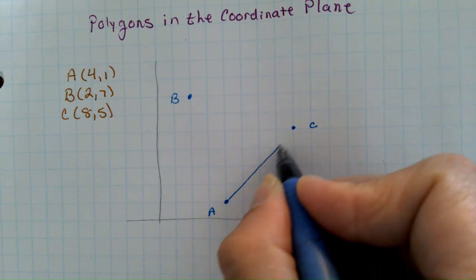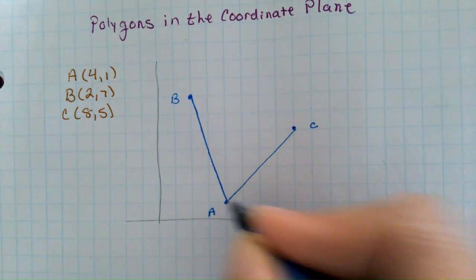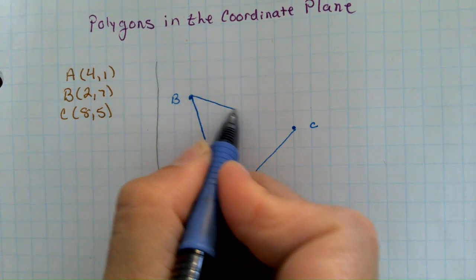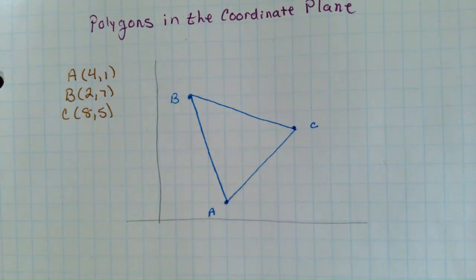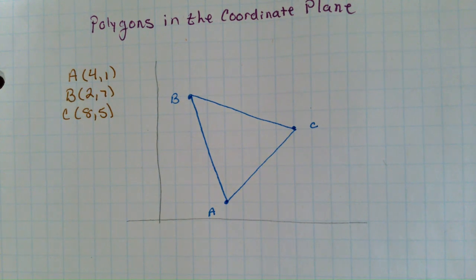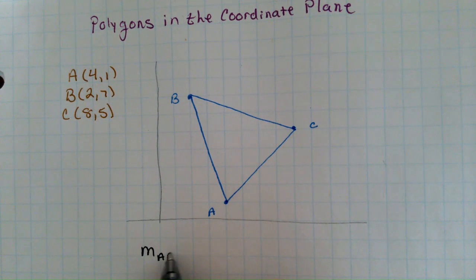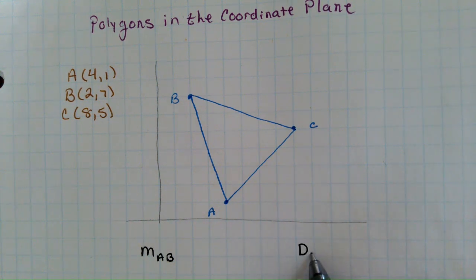Now, I know we could guesstimate, but that's not really what we're about here. We're about knowing exactly. So to classify by sides, the first thing I'm going to need to know is how long each side is. So I need to know the distance, I should say, from A to B, not the measure.